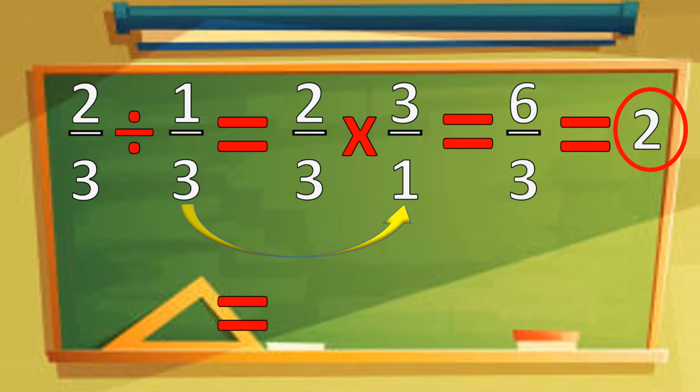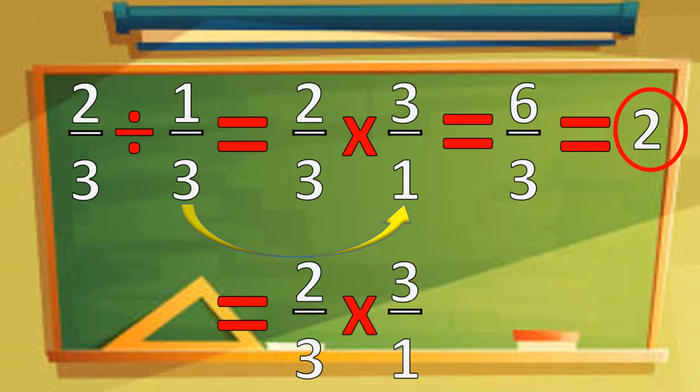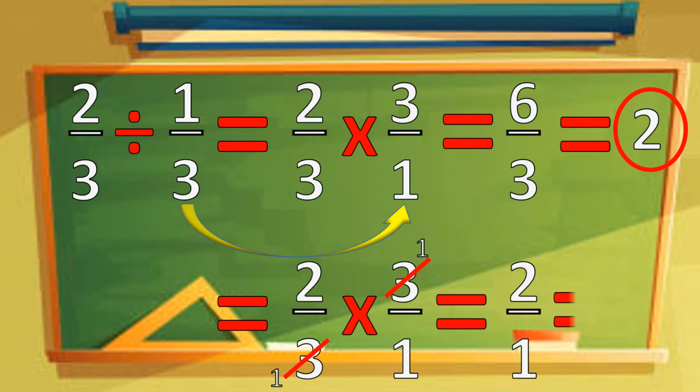Or if we want to use the cancellation method, again, that's 2/3. And then we change the divisor to its reciprocal, 3 over 1, and we proceed with multiplication. Then we cancel 3 from 3, and the 3 will become 1. So that's 2 times 1 is equal to 2, and 1 times 1 is equal to 1.